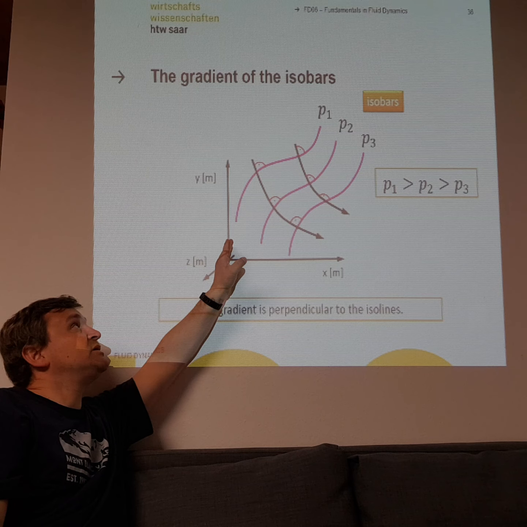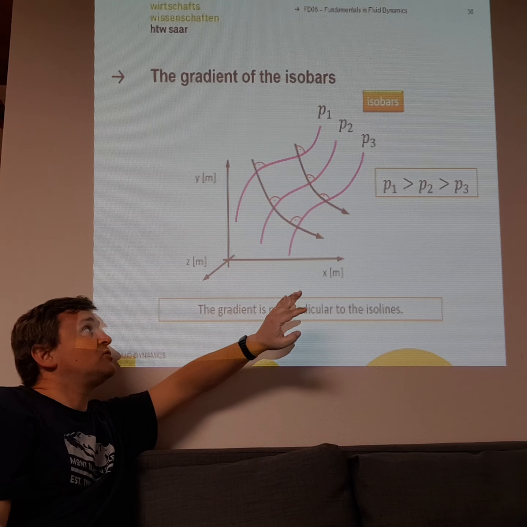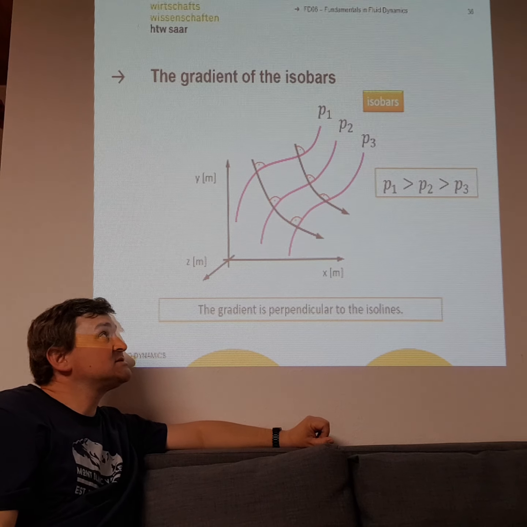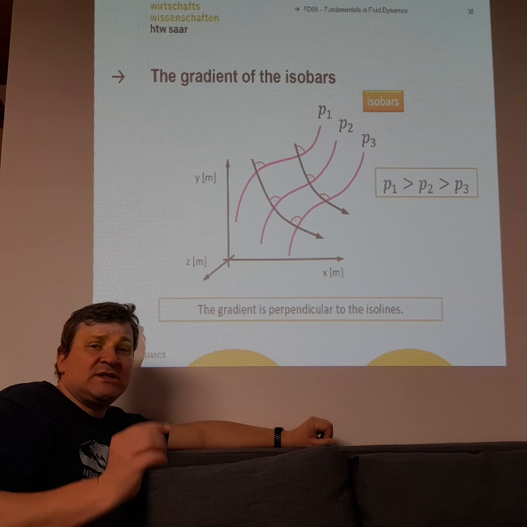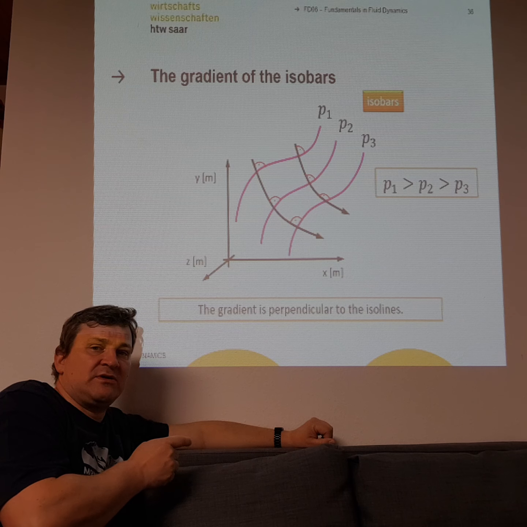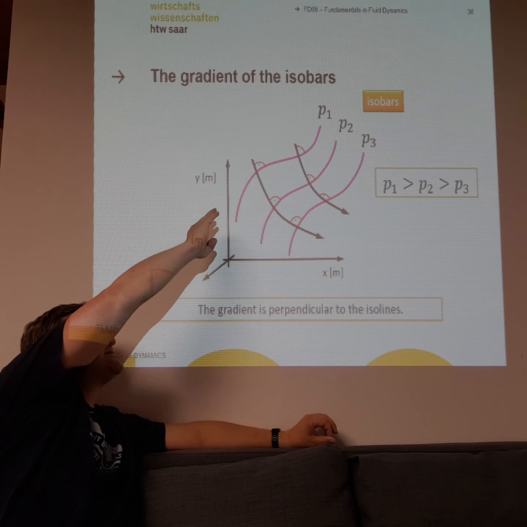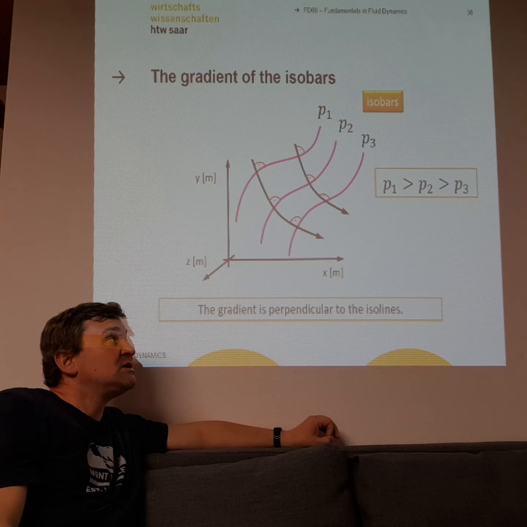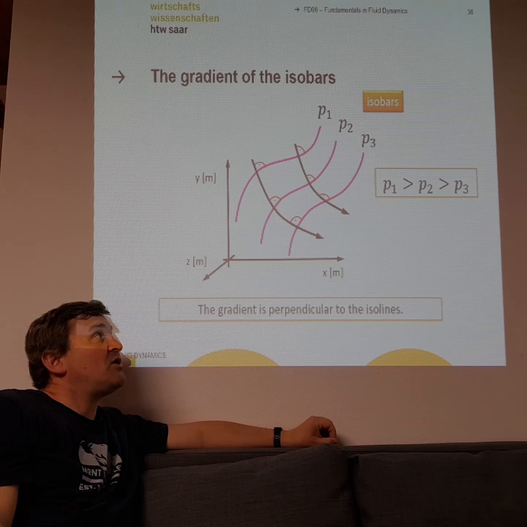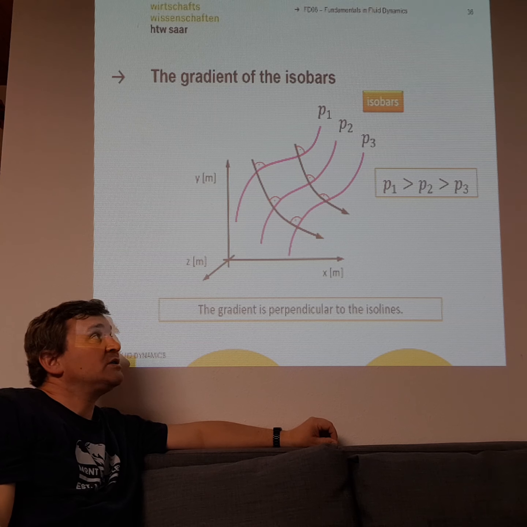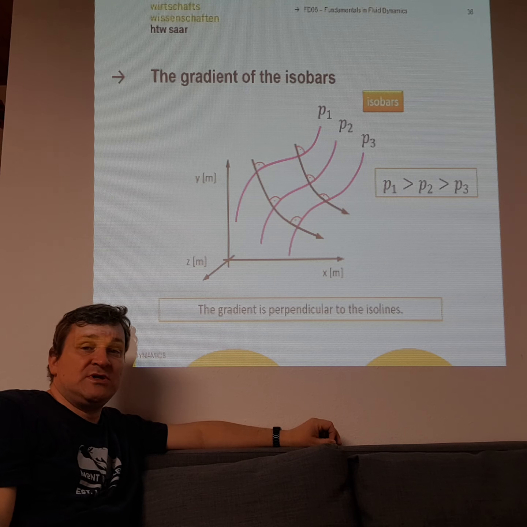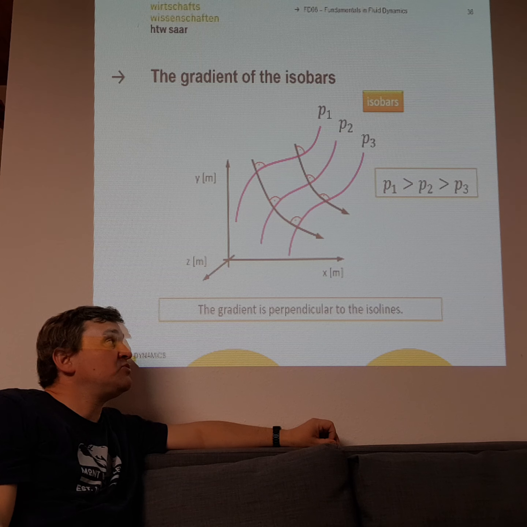For example, here we have a three-dimensional coordinate system and we have so-called isobaric lines. On the isobaric lines, we always have the same pressures, but from pressure level to pressure level, the pressure changes. In our example here, P1 is the highest pressure, P2 is a bit smaller, and P3 is again a smaller pressure.